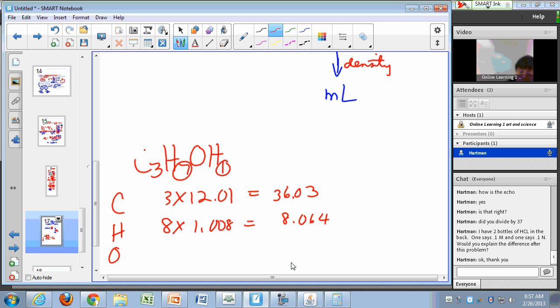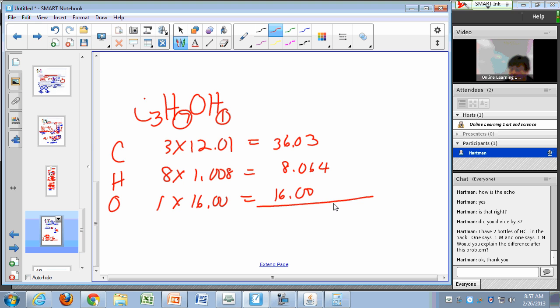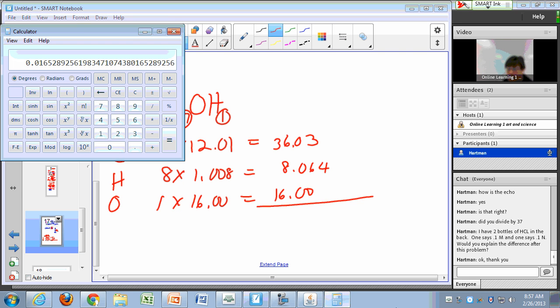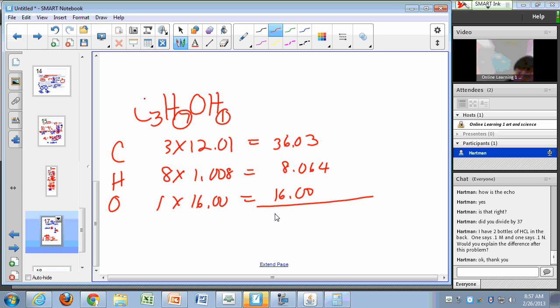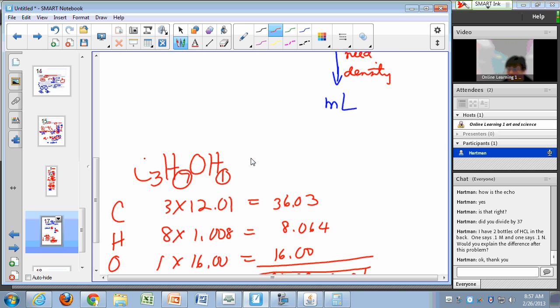And you have 1 oxygen, so 1 times 16.00. For a total of, let me add that up, 36.03 plus 8.064 plus 16, 60.09 grams per mole. That's the molar mass of isopropyl alcohol.